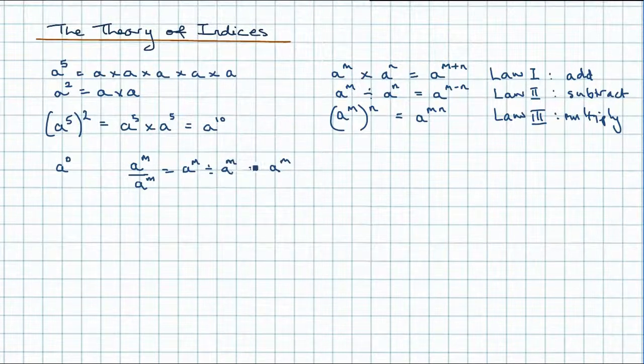So we've got a to the power m divided by a to the power m equals a to the power m minus m, which is our a to the power 0. And if we go back to the beginning of our working here, we can see that anything divided by itself will give us 1. So we had that up here when we were working on these a's and using cancellation. So a to the power 0 must equal 1.